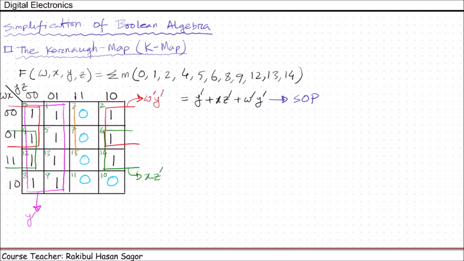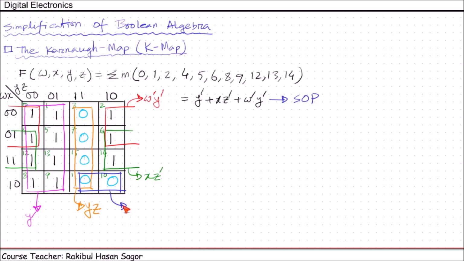We can take this 4. Now for this remaining 0, we can take this 2. This is the biggest box we can take. Now the name of this orange box is, we have all the combinations for wx, so we can ignore wx. We have y equal to 1, z equal to 1, so we'll write yz.